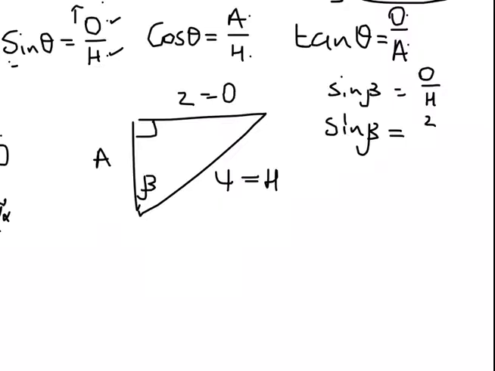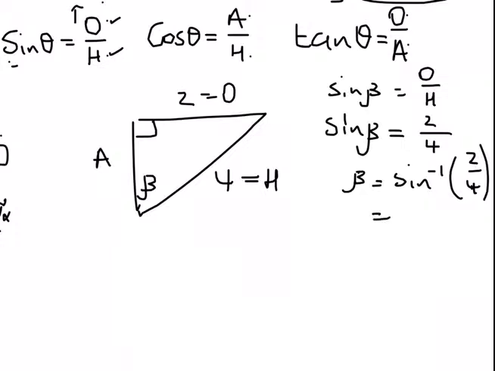Opposite is 2, over what is hypotenuse? Hypotenuse is 4. Then the next step is for you to remove that sine. How do you remove it? I'm still thinking about the previous one, but now you will say arcsine of 2 over 4.